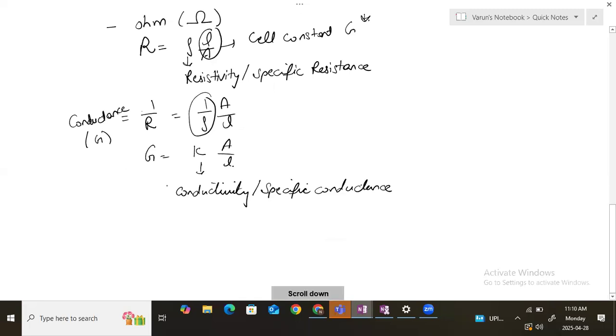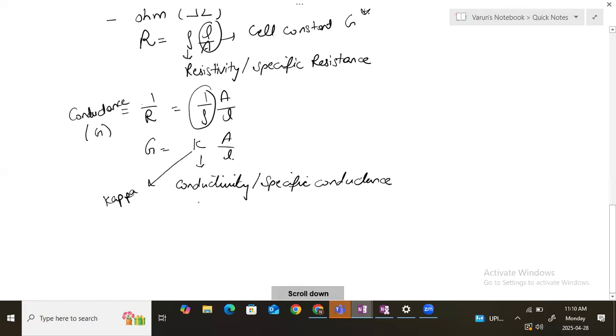Depending on the conductance, we have three types of material. The symbol of resistivity we call rho. In the same way, the symbol for conductivity we call kappa. So depending on the conductance or conductivity, we have three types of materials.